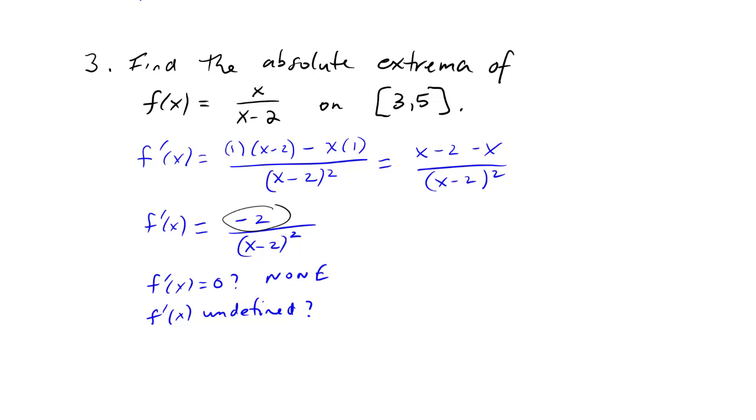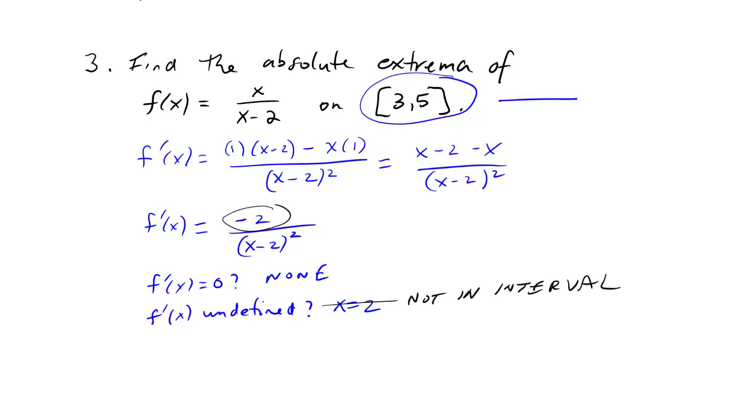Now, it's true that the derivative is undefined at x equals 2, but go back. My interval is 3, 5. That's not even on the interval, so I don't need to consider that. So I don't have any critical numbers on that interval, so I don't have any critical numbers to consider for the absolute extrema.